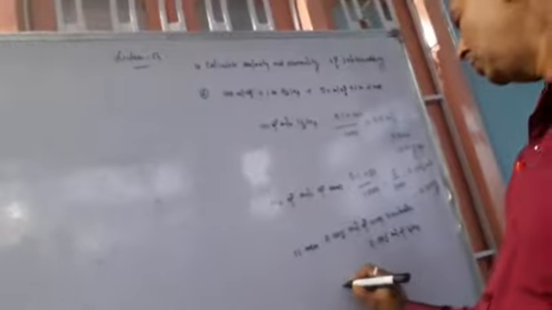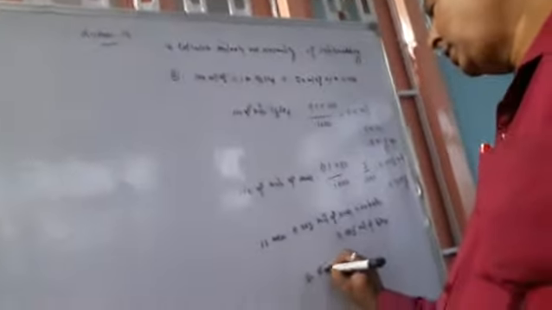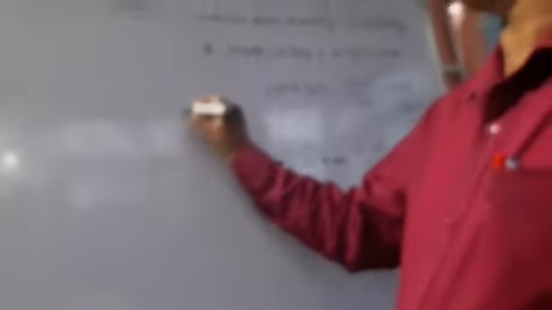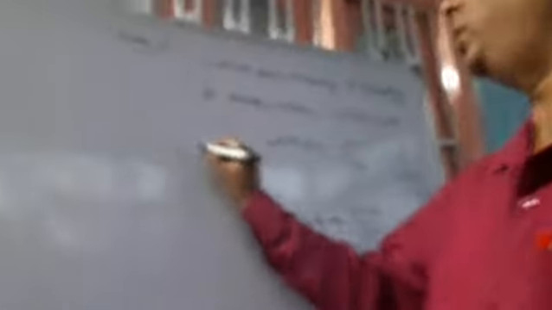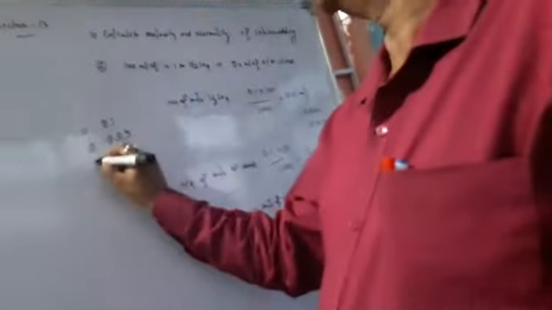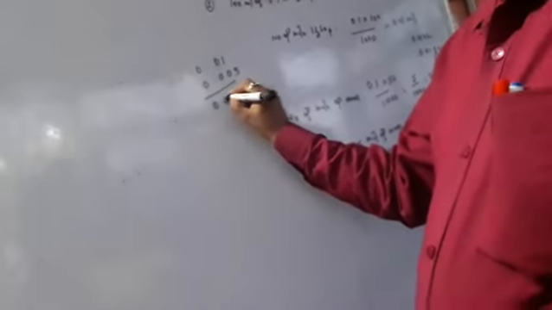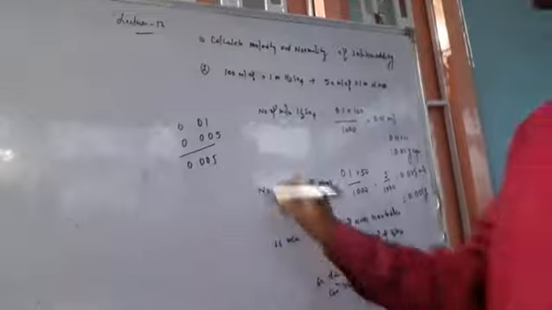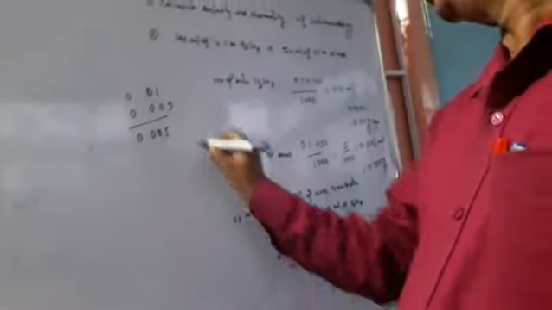So the amount remaining is 0.01 minus 0.005, that is 0.005 mole.